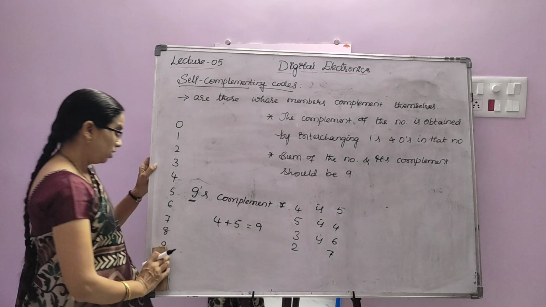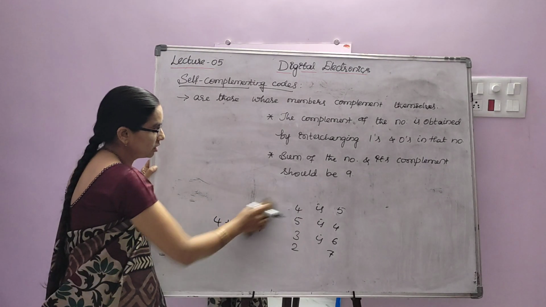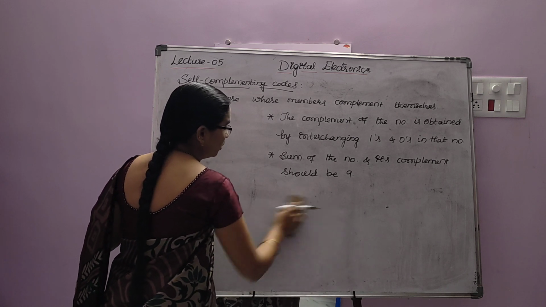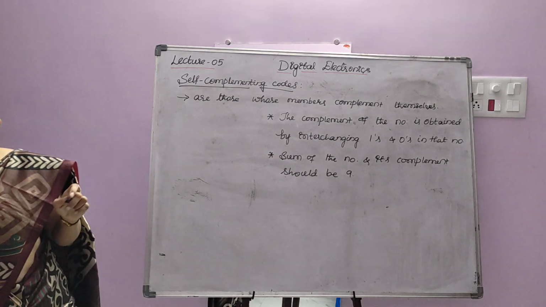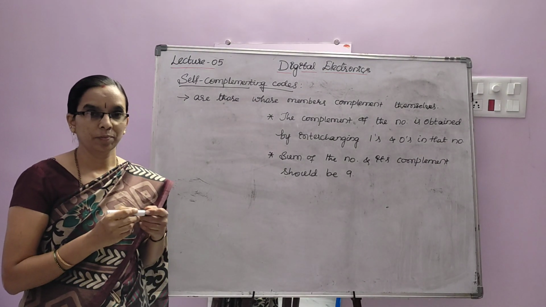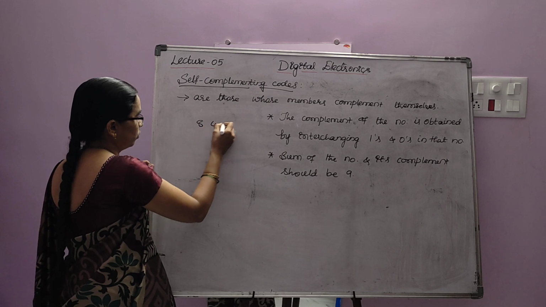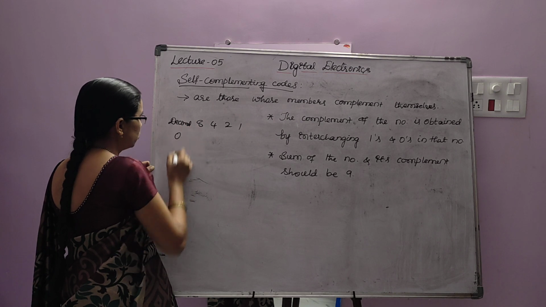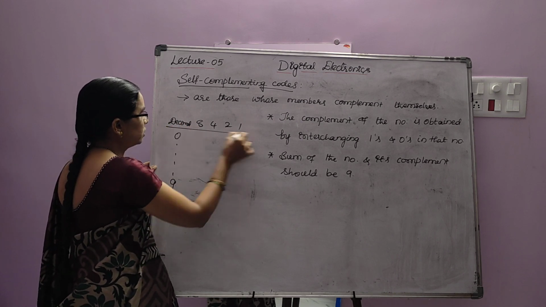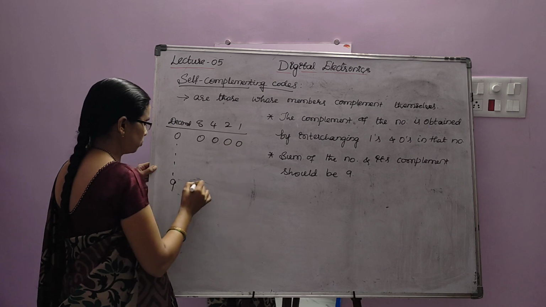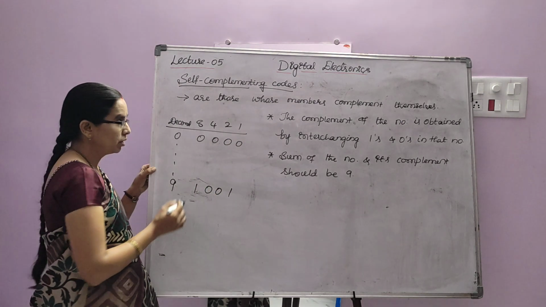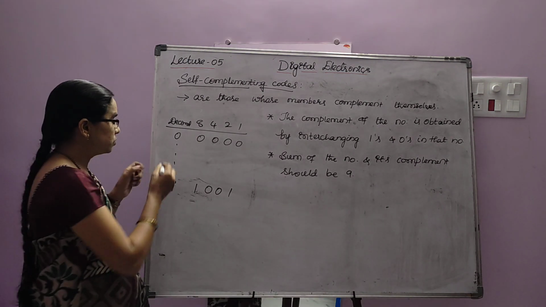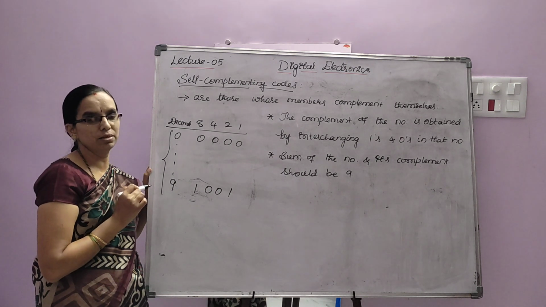In the same way, whatever digital code we are going to study here, those are all the equivalent representations from 0 to 9 in decimal. We have studied the 8421 code, that is, decimal 0 to 9 represented using the 8421 code from 0000 to 1001. So in decimal, any value can be represented using these 10 distinct symbols from 0 to 9.